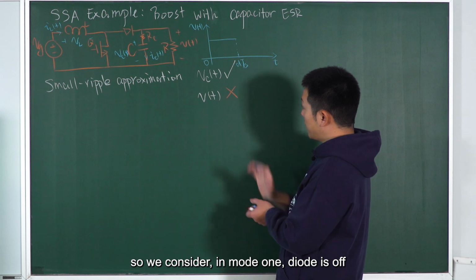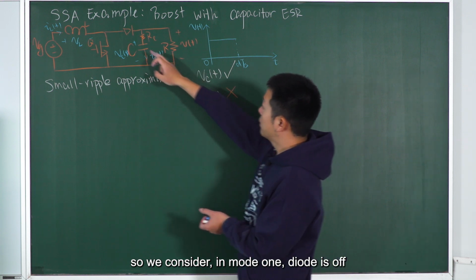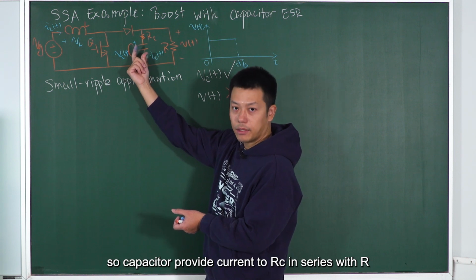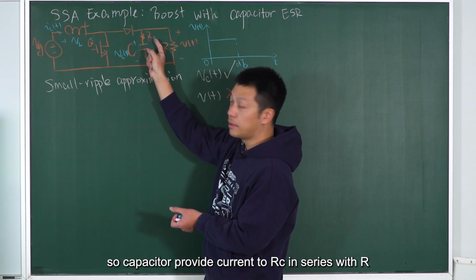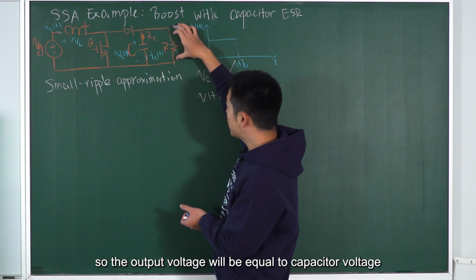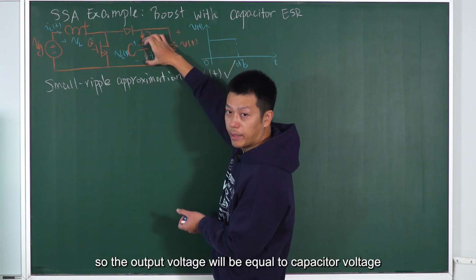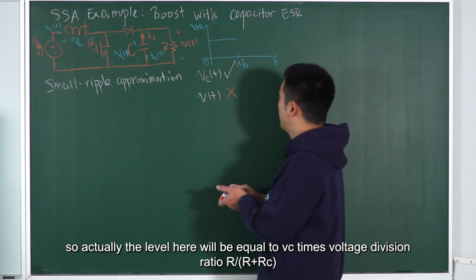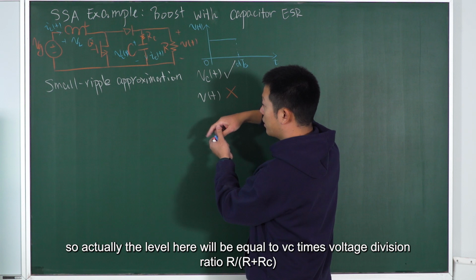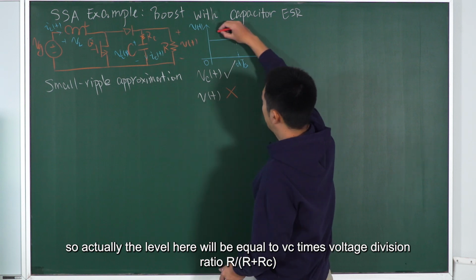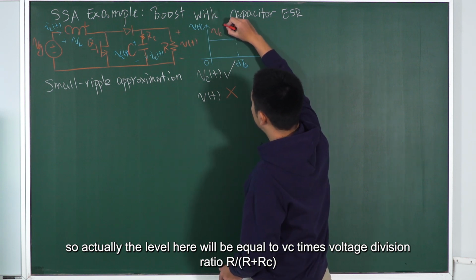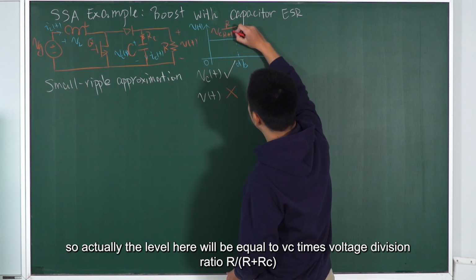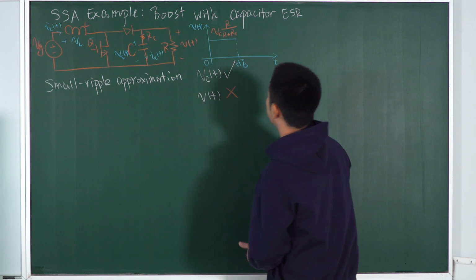In mode 1, the diode is off, so the capacitor provides current to RC in series with R. The output voltage will equal the capacitor voltage divided by this voltage divider network. So the level here will equal VC times the voltage division ratio, R over R plus RC.